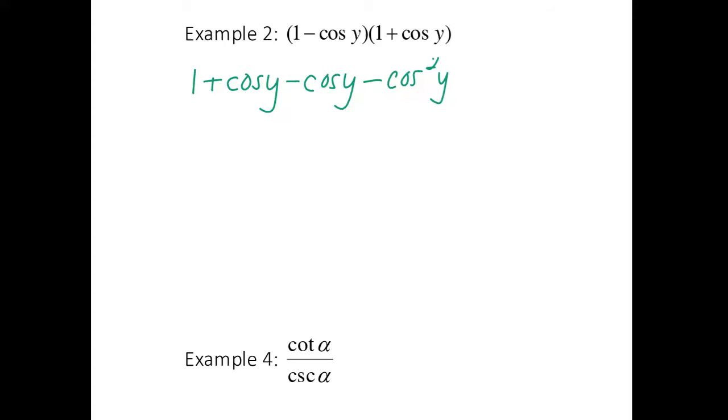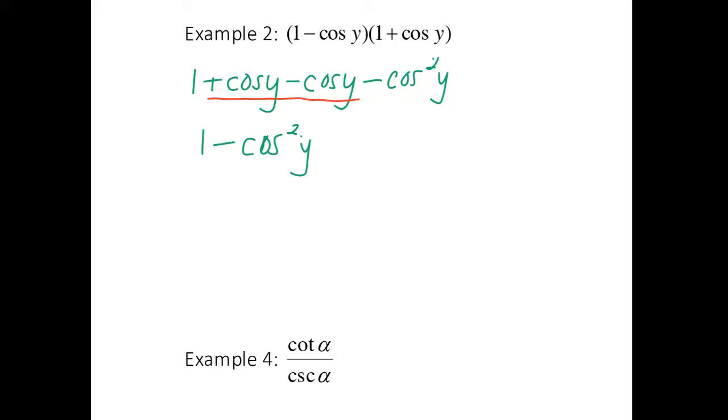Now, you should notice something. Again, if we look at this ignoring the trig for a minute, look at like terms. You should notice that we have a positive cosine y and a negative cosine y. So what can we do with those two terms? Well, we can cancel them. They're opposites. So this is really the same as 1 minus cosine squared of y.